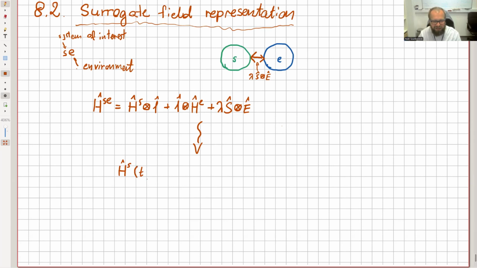That's time dependent in general, and the free Hamiltonian of the system is here, but the coupling, instead of coupling to some environmental observable, you want to see something like we have an operator S here, but this operator E here is replaced by some function, a stochastic process in general, right?